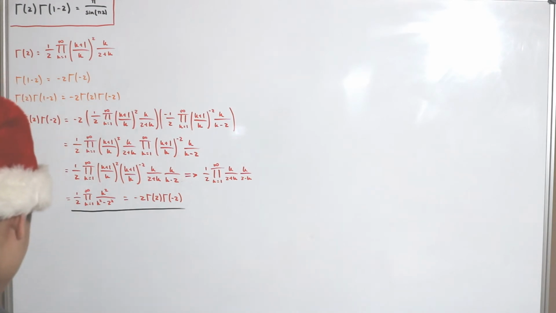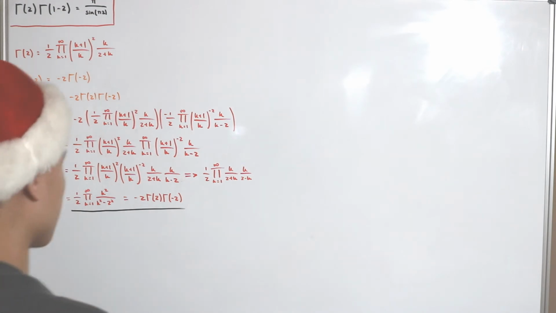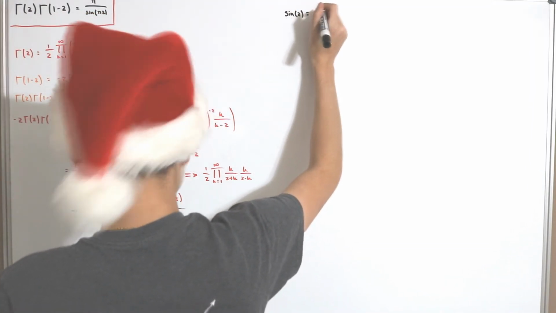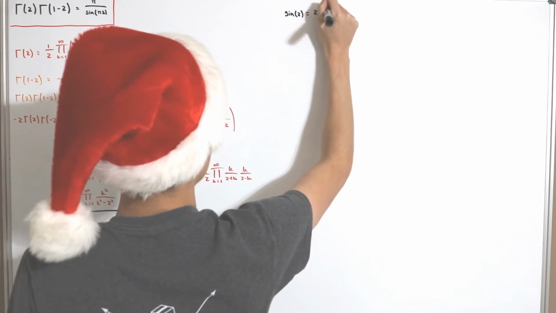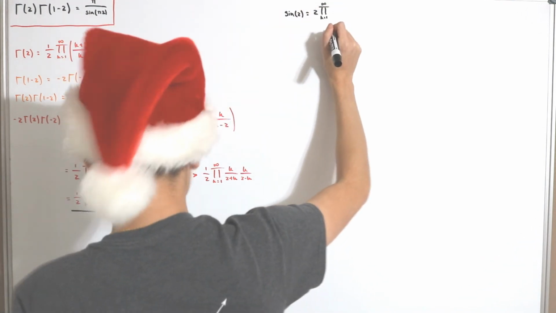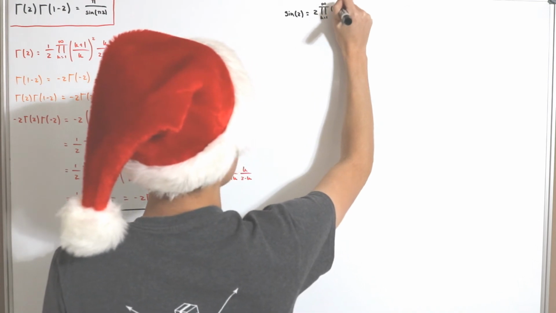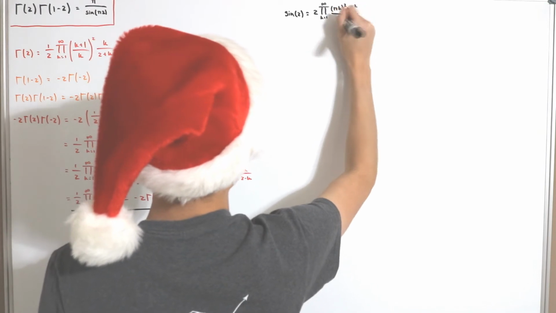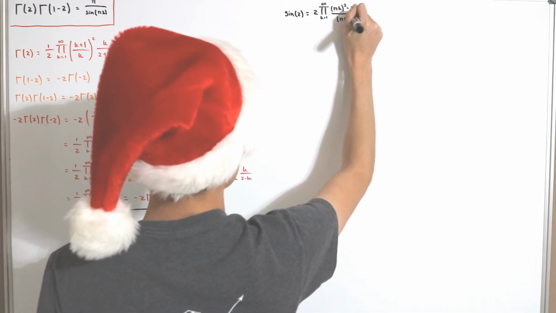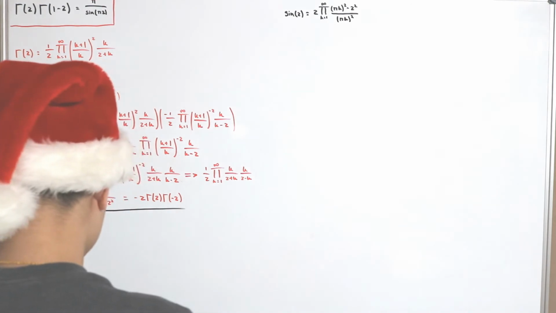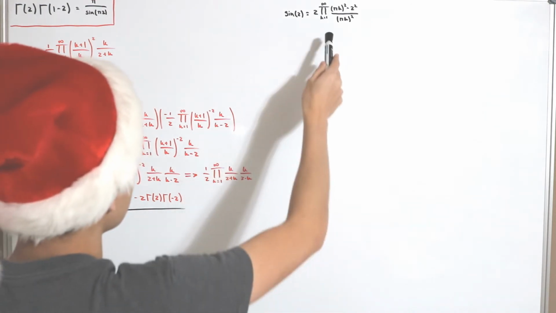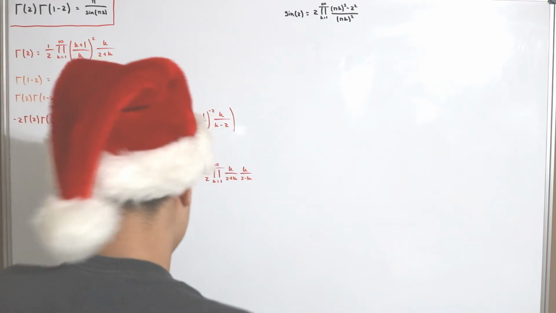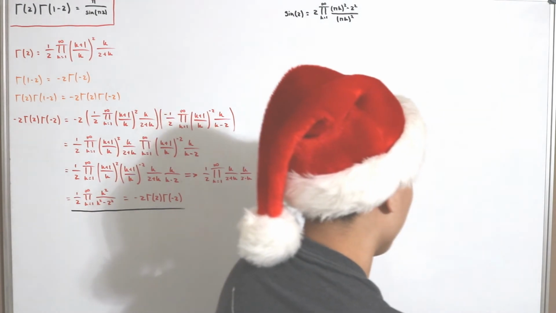The definition of sine of z is equal to z times the infinite product of (pi k squared minus z squared) divided by (pi times k squared). We're going to prove this definition to help us evaluate the rest of this. I'll write this proof in orange this time.